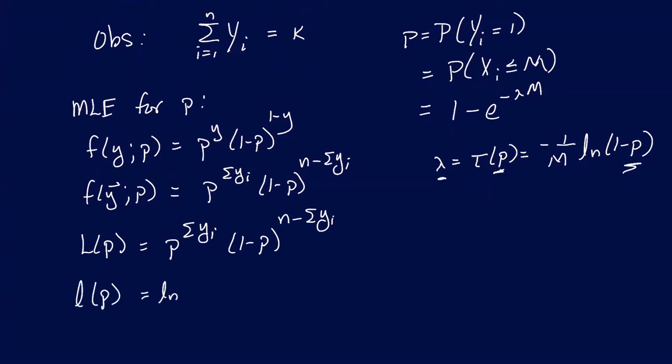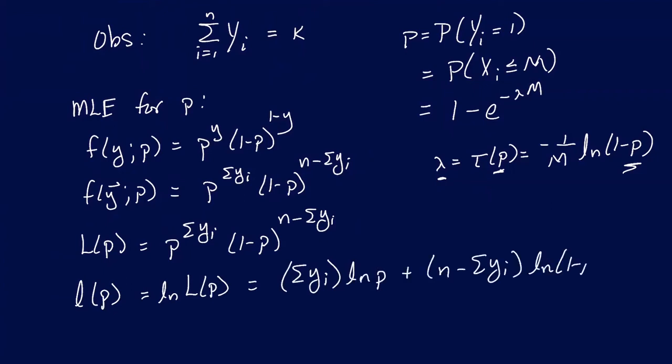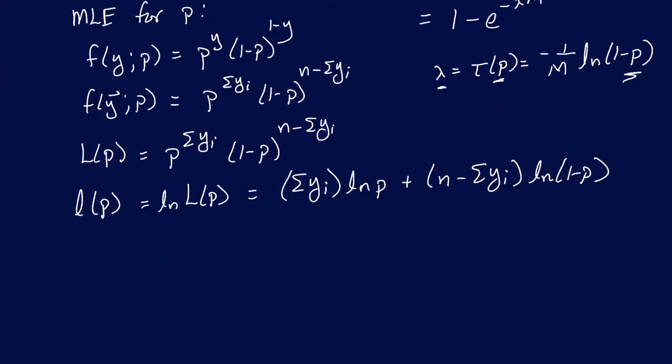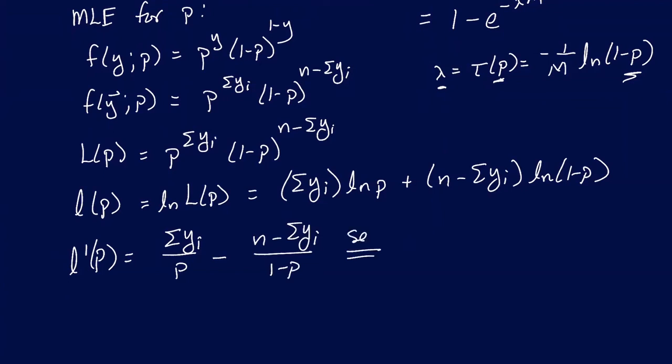I'm going to look at the log likelihood and bring down these exponents. Then I take the derivative with respect to p, and I get the sum of the y's over p minus n minus the sum of the y's over 1 minus p. Set that equal to 0.